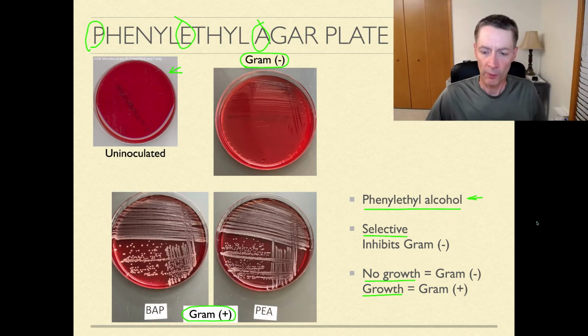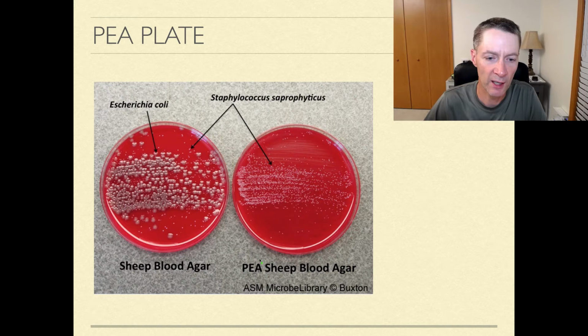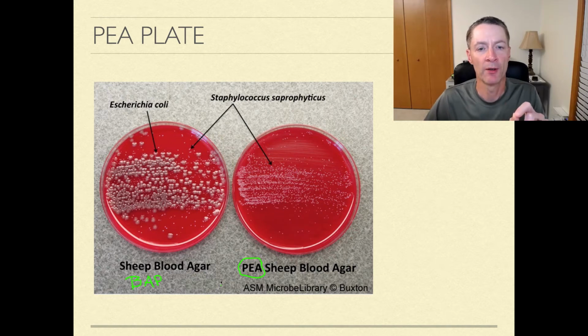All right. Now, one special plate is this PEA plate here on the right. Okay, so we have our PEA plate, and we have our blood agar plate, so BAP plate, over on the left. The same sample has been placed onto these two plates.